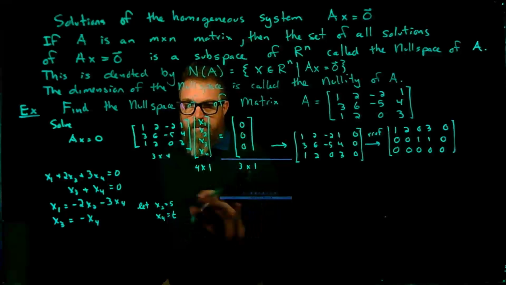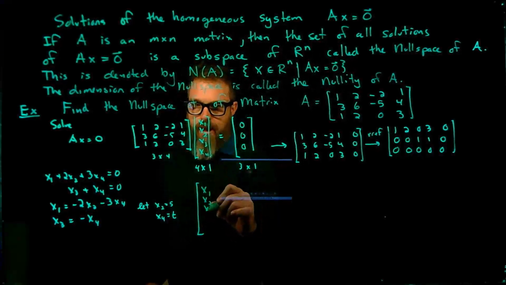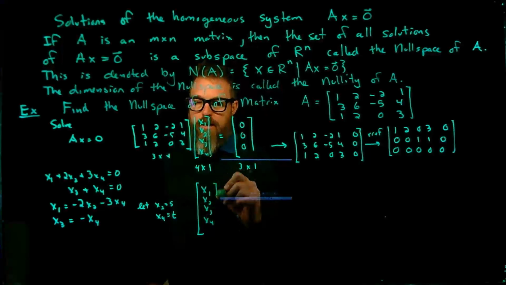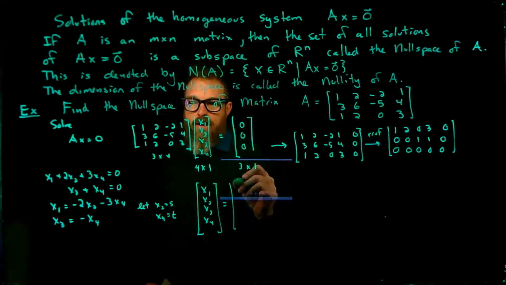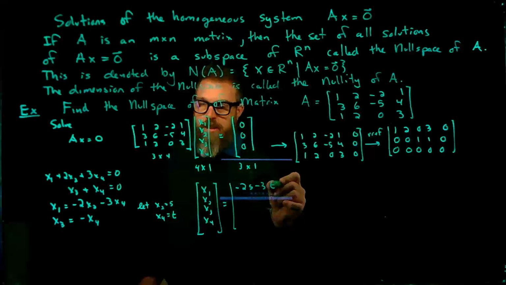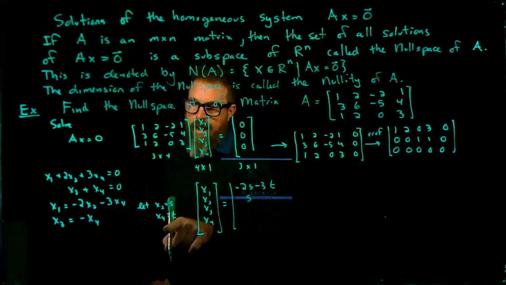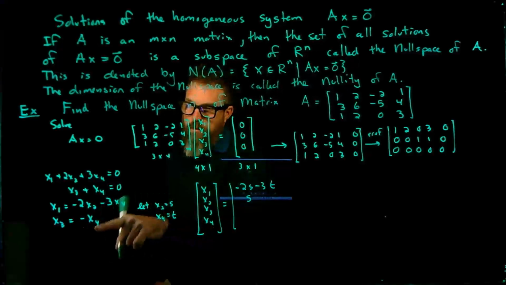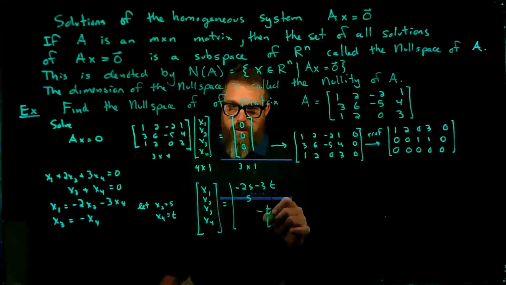What I'm going to say is x1, x2, x3, x4 is going to be equal to this, and you'll see how I'm going to get the basis out of this. So I have minus 2s and then minus 3t, from that equation. x2 is just s. x3 is going to be equal to minus t. And then x4 is just going to be equal to t.